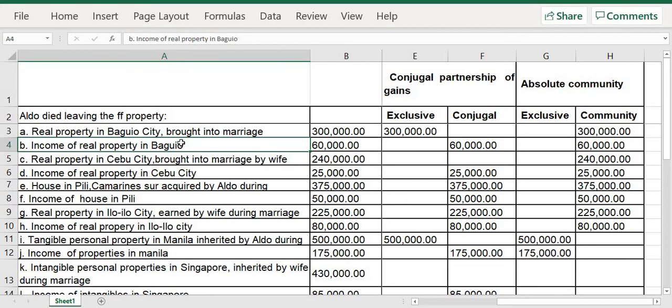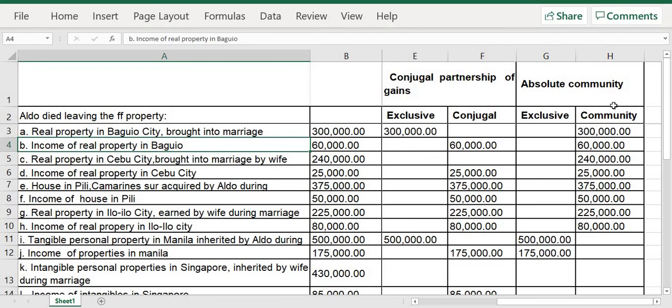Next is income of real property in Baguio. So itong property doon sa letter A, merong income or fruits. Worth 60,000. Under conjugal partnership of gains, kapag merong fruits during marriage, lahat ng properties niya, exclusive man yan or conjugal, yung fruit or income of that property is part of the conjugal properties under conjugal partnership of gains.